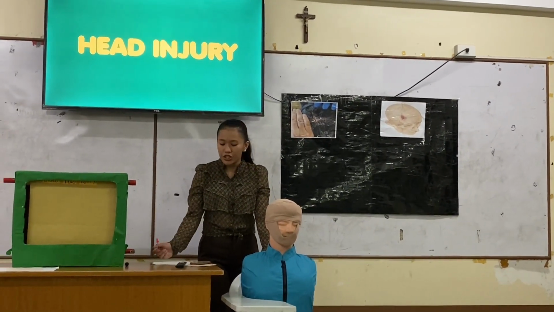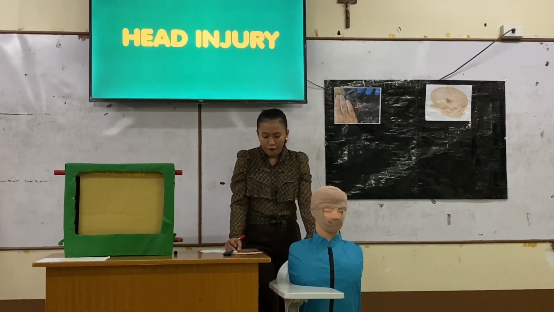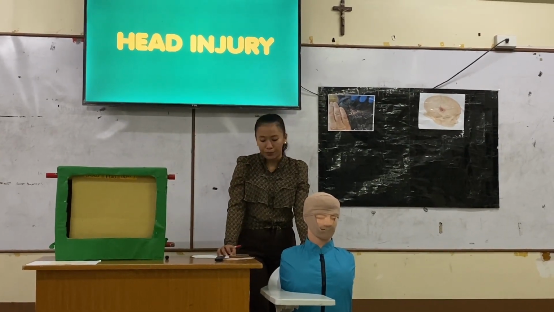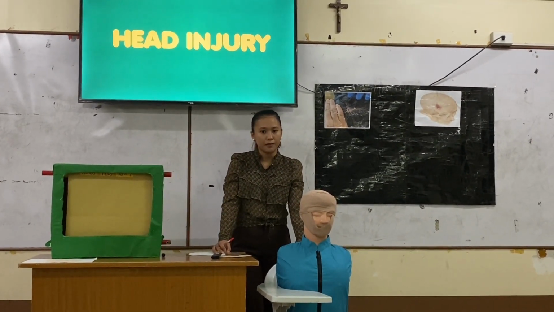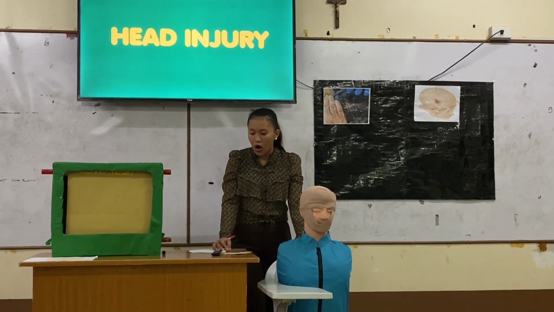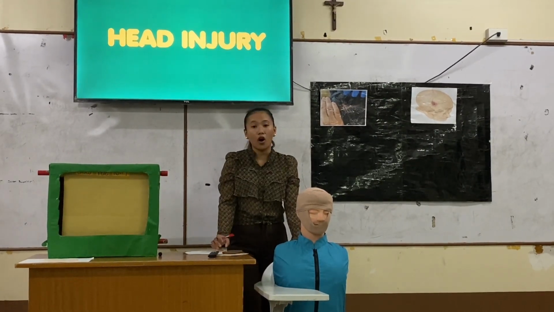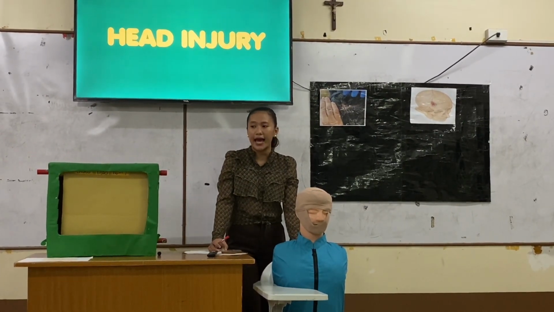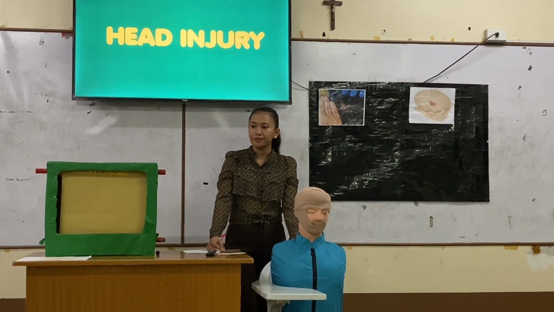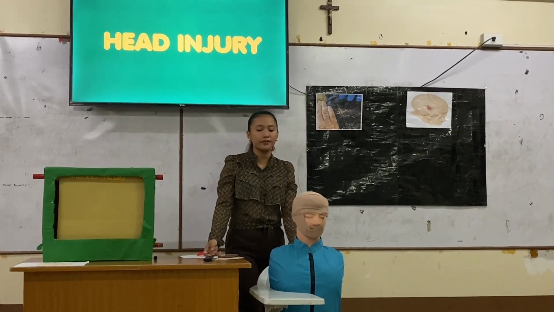It is an injury which indicates a hard blow to the head from striking an object, but the object did not break the skull. Okay, done? Please pass your papers in front.